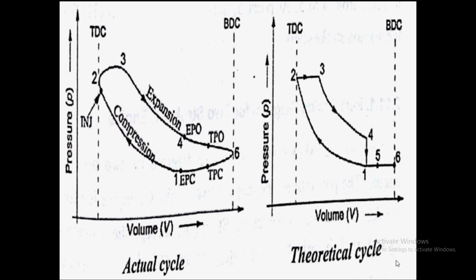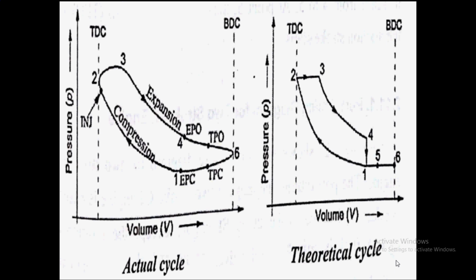Now the air is compressed isentropically in the cylinder. This process is shown by line 1 to 2. Before the end of compression, the fuel is admitted into the cylinder by means of fuel injection, which is denoted by INJ. The combustion of fuel increases the pressure and temperature of the products of combustion. During this process, the pressure remains constant. So this is represented by line 2 to 3. The expansion process is shown by line 3 to 4.